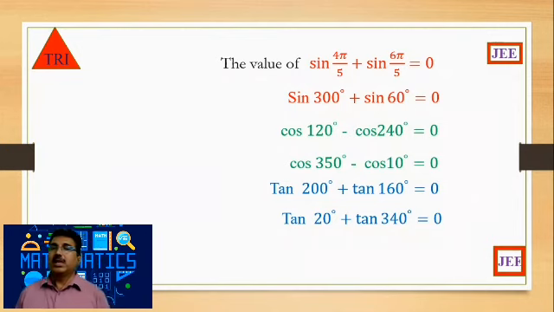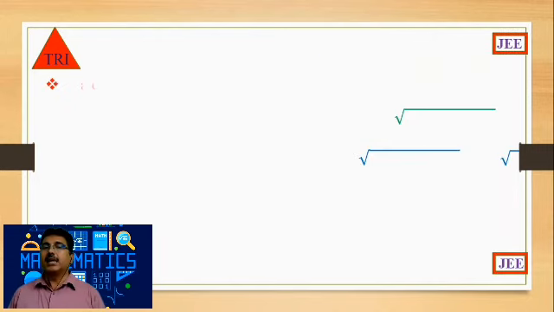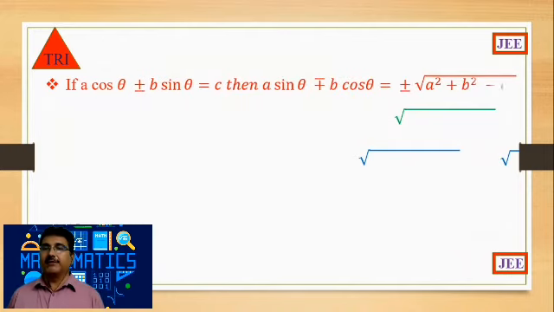Right, now a very important formula. If a cos theta plus or minus b sin theta is equal to c, then what is the value of a sin theta minus b cos theta? Let a sin theta minus b cos theta be equal to some value k.